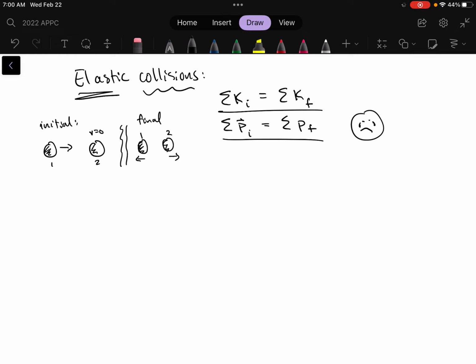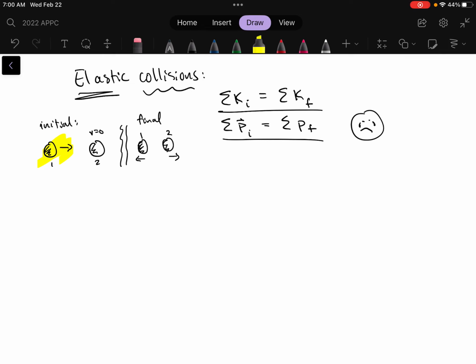But we don't know their velocities. And if we don't know both of their velocities, we're running into a bit of a problem. If we just have the initial conditions for object 1, but no information about the end, there's too many unknowns. And too many unknowns is going to cause us to not be able to solve the problem.